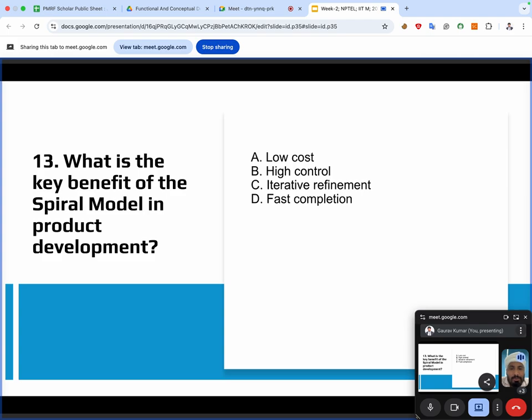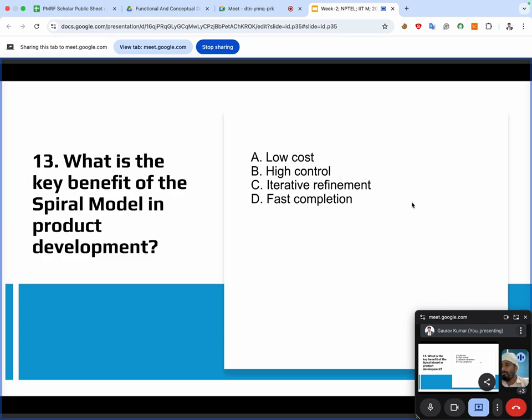So this reduces the risk and ensures the final product better fits real needs. So it's widely used in software, research-heavy tech and early stage hardware. We can say anywhere. I'm also working in the area of medical assisted devices, so I'm also using this spiral model, so it can fit anywhere.